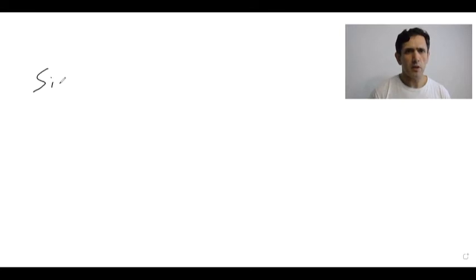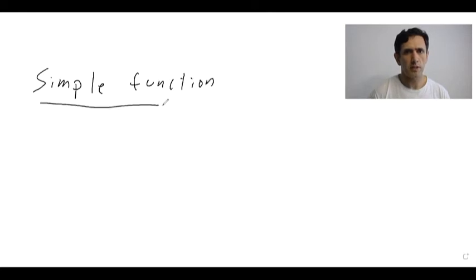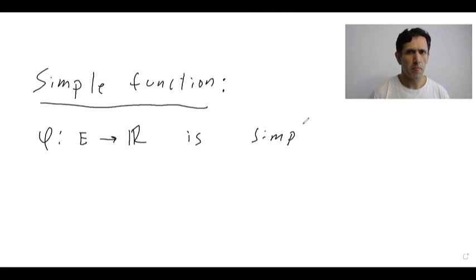All right, so what is a simple function? Well, in some sense, it's just a really simple function. No pun intended, it really is. So we have phi simple if three things are true.